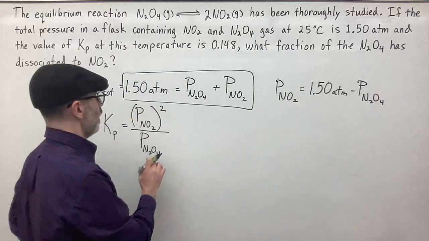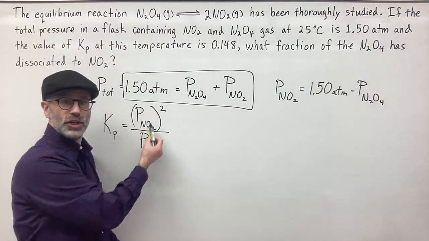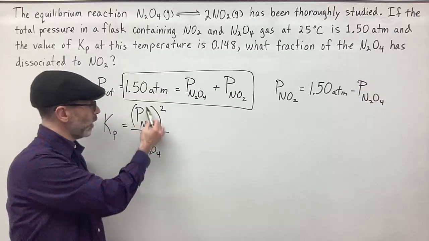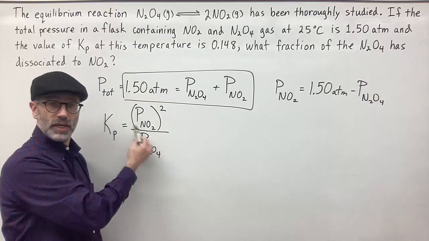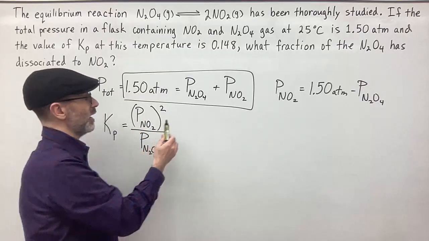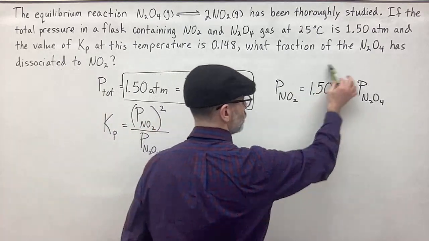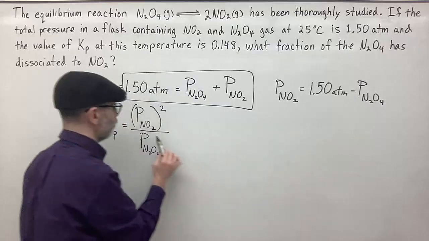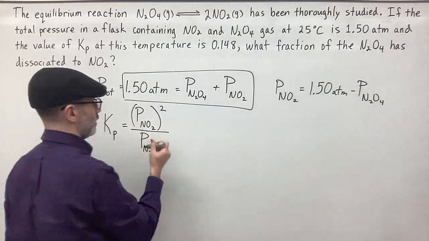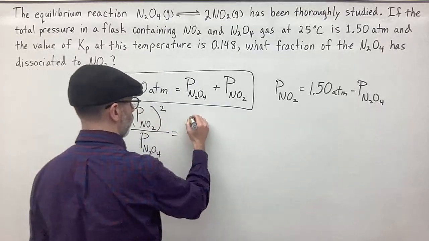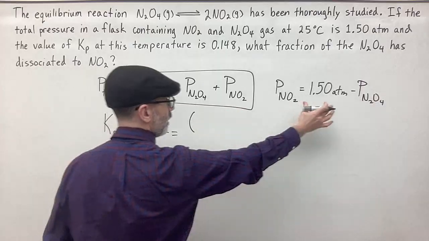Now, notice I have the partial pressure of NO2 squared in this equation, and I solved for the partial pressure of NO2. Now I can substitute this in for this.